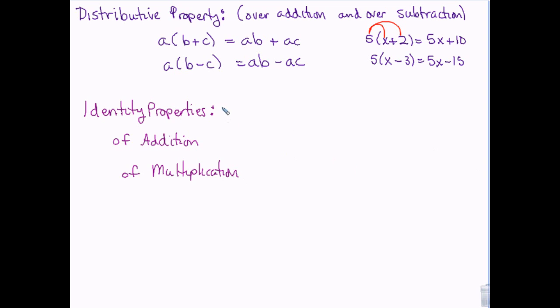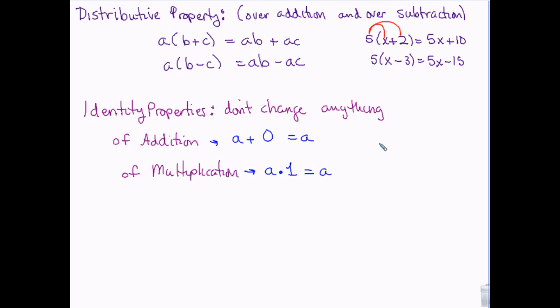Okay, and the identity properties don't change anything. Basically what this says is if I have some number and I add 0 to it, it didn't change. Its identity remained the same. And if I have some number and I multiply it by 1, it didn't change.